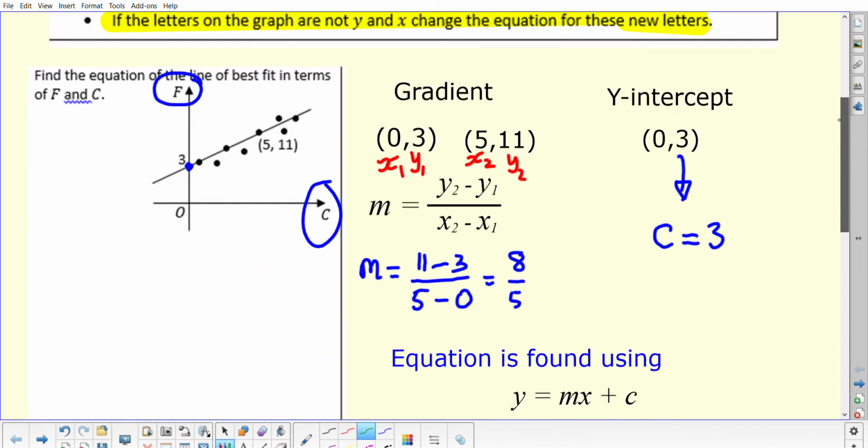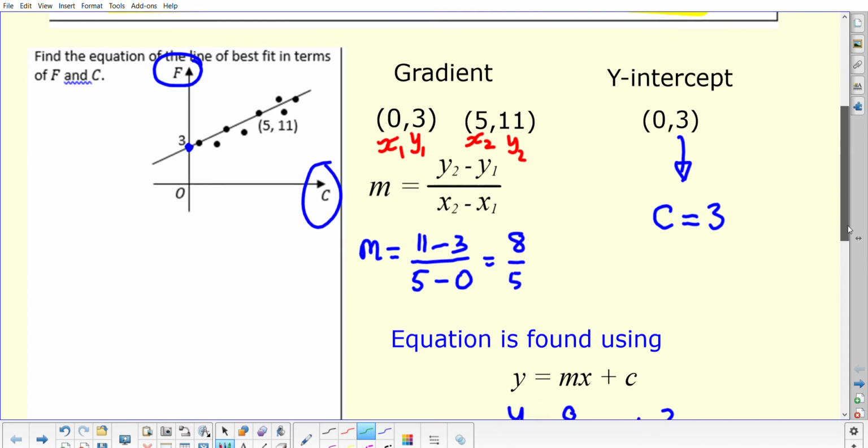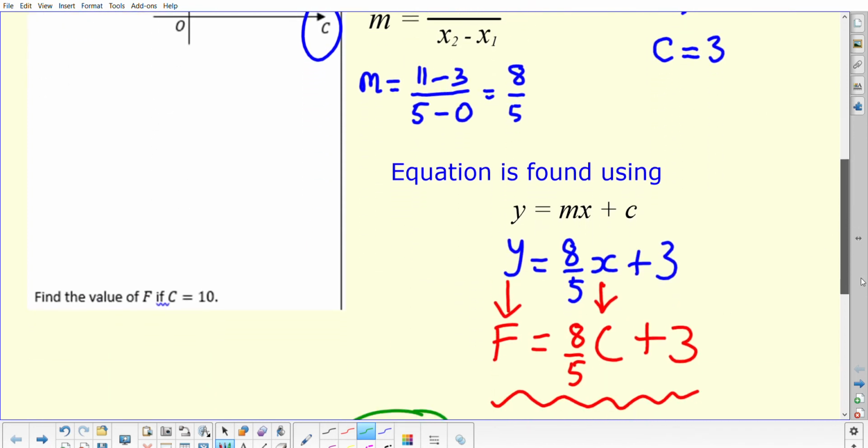You might get a straight line graph like that. You write down the 2 points on that graph, and you first of all work out their gradient. If one of the points is the y-intercept, then you can write down a c value, and then you can use this equation here, y equals mx plus c.